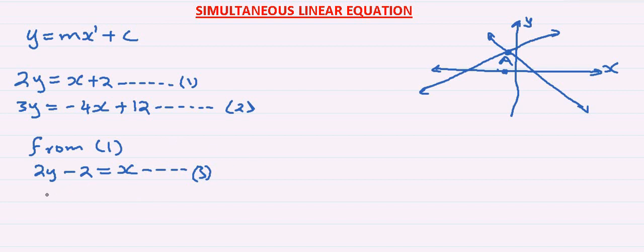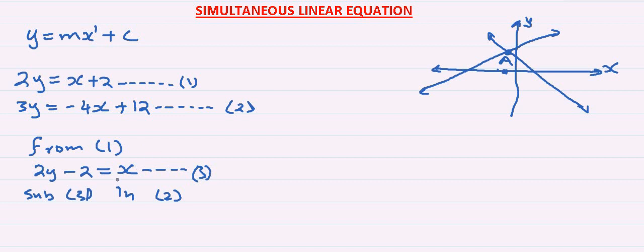Then after, you're going to substitute, because you're solving by substitution. You'll write, substitute equation number 3 in equation number 2. If you have created equation number 3 from equation 1, when you substitute, you don't substitute it on equation 1, you substitute it on equation number 3.